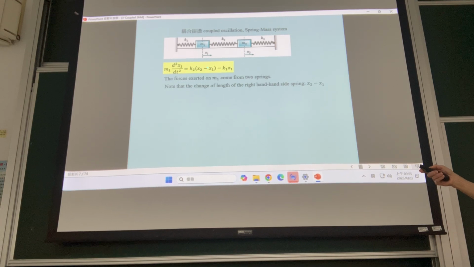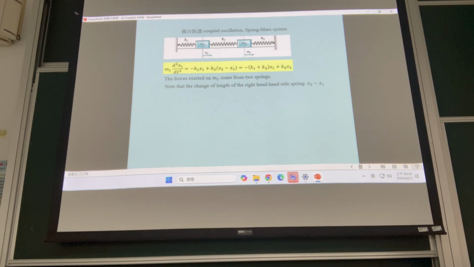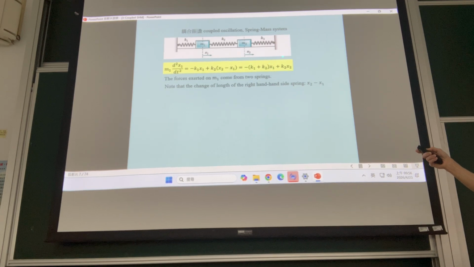On the right-hand side is the force exerted on mass 1. We usually want to collect all the terms related to x1 and x2 separately. So I will write x1 first: it will be minus (k1 plus k2) times x1 plus k2 x2.